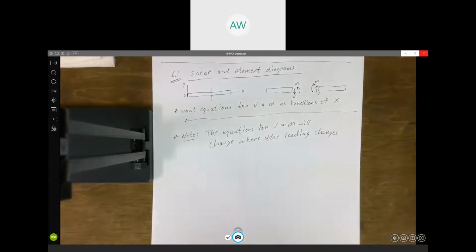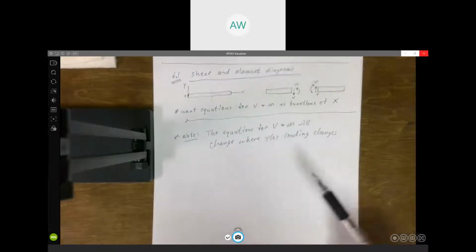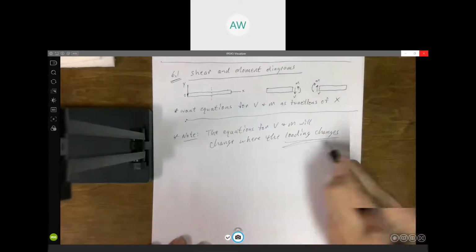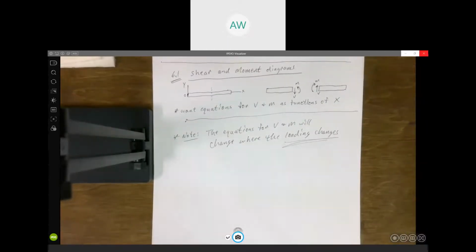So everywhere we have a change in the applied load to this beam, these equations are going to change. This is going to determine how many times we have to cut the beam, and we're going to get a separate set of equations for V and M on each of those sections of the beam, determined by how many times the loading changes.